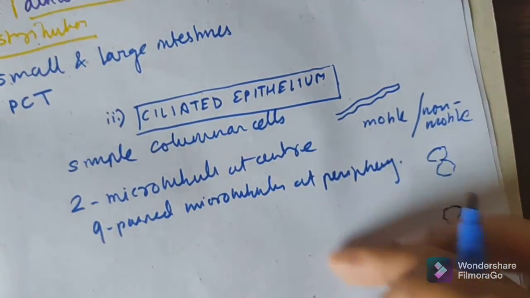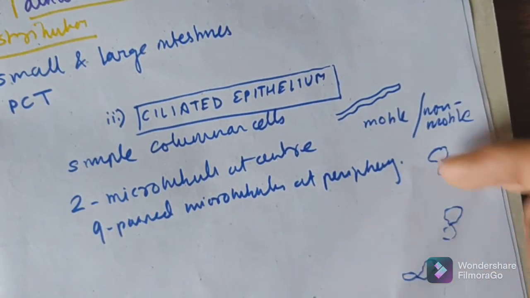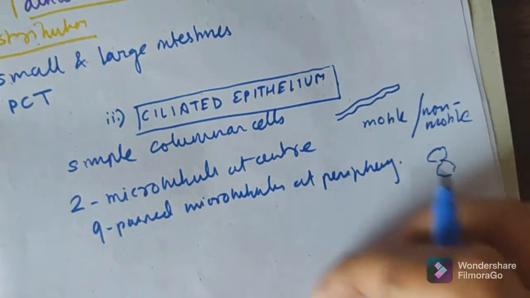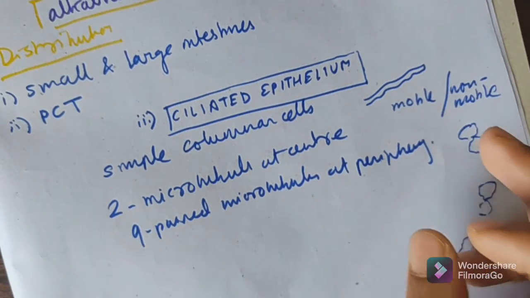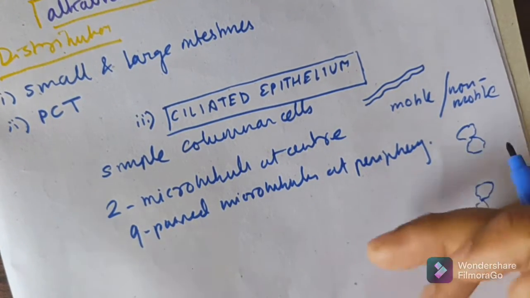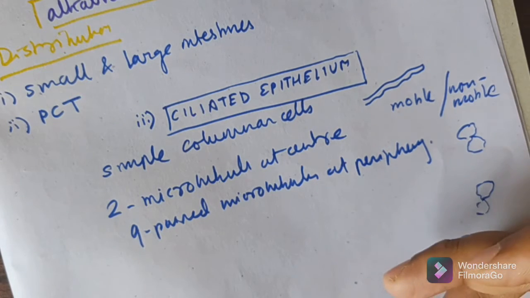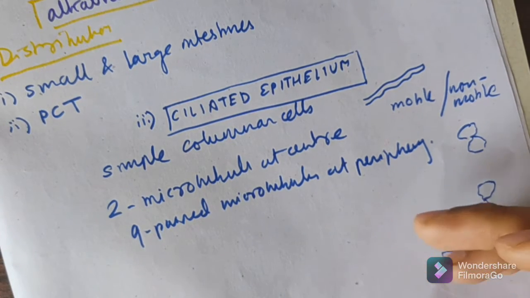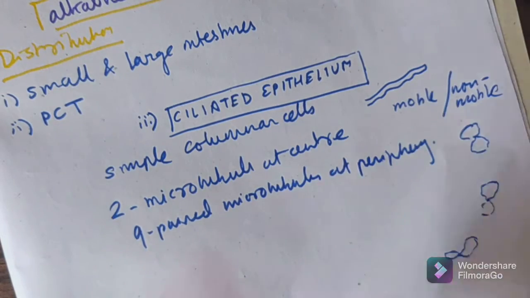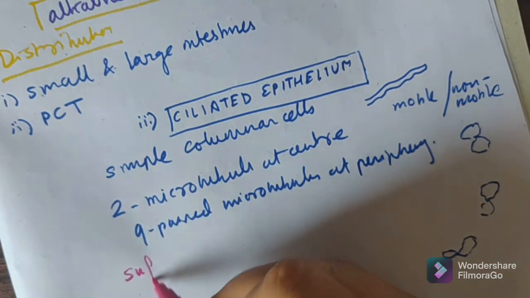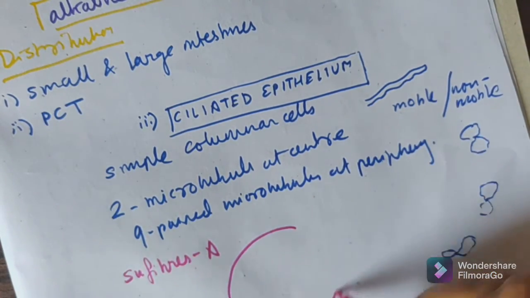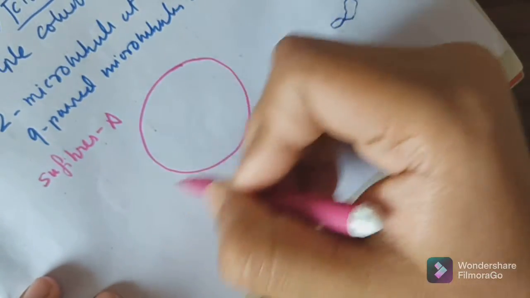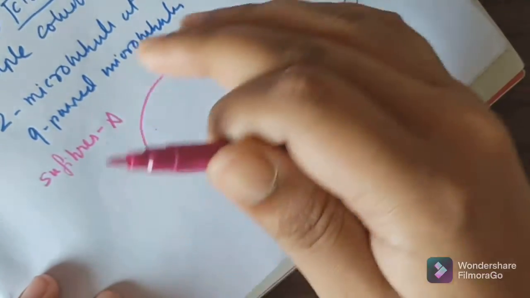Now drawing the whole structure, just imagine that the 9 pairs are arranged in the form of a circle. One tubule of each pair bears tangentially oriented arms, and such tubules are referred to as subfibers A. Generally, this is the cross section of the cilia.